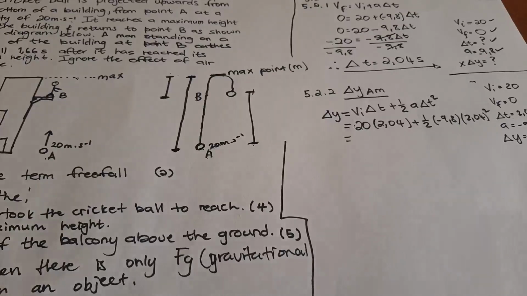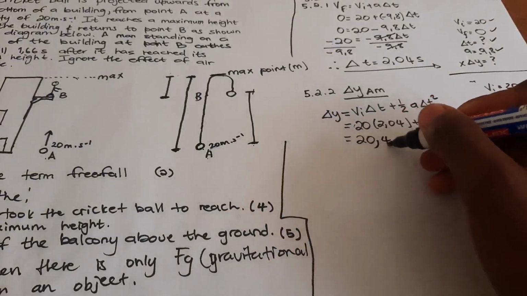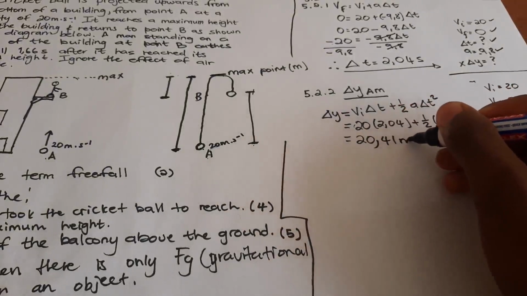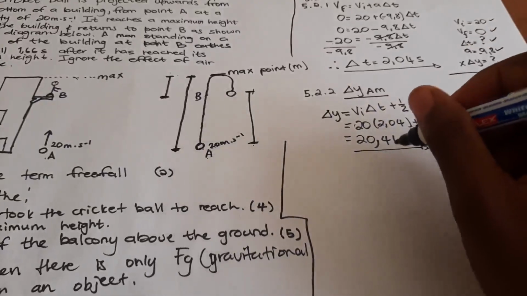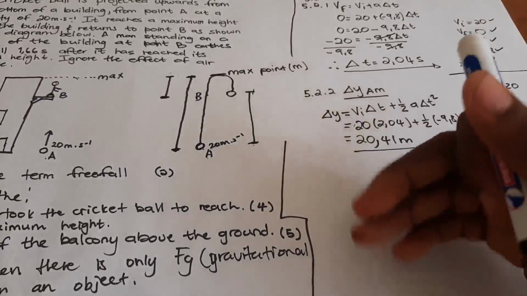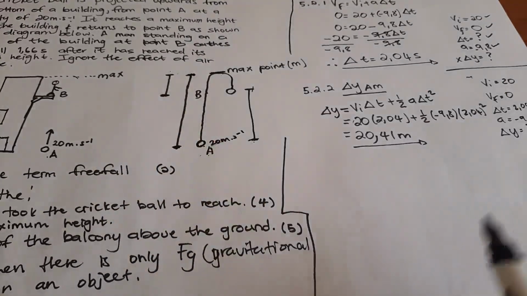That gives us 20.41 meters. So this is the height of the whole building, meaning from point A to the maximum point.